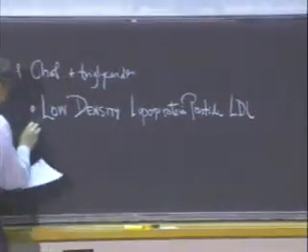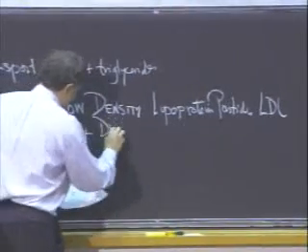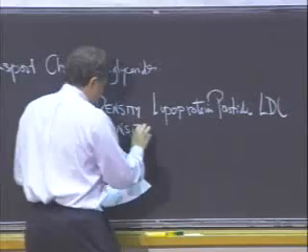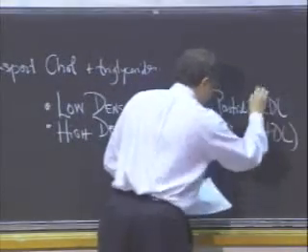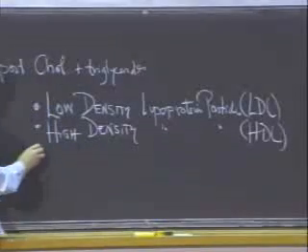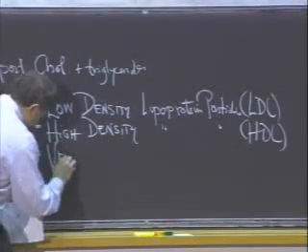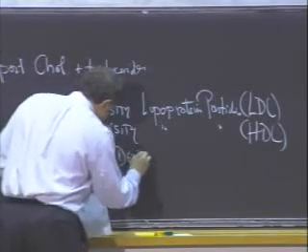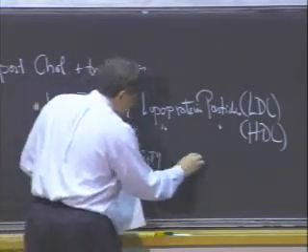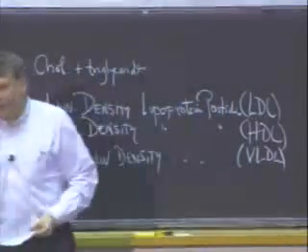There are high density lipoprotein particles, HDL, and very low density lipoprotein particles, VLDL, and some other things called chylomicrons.